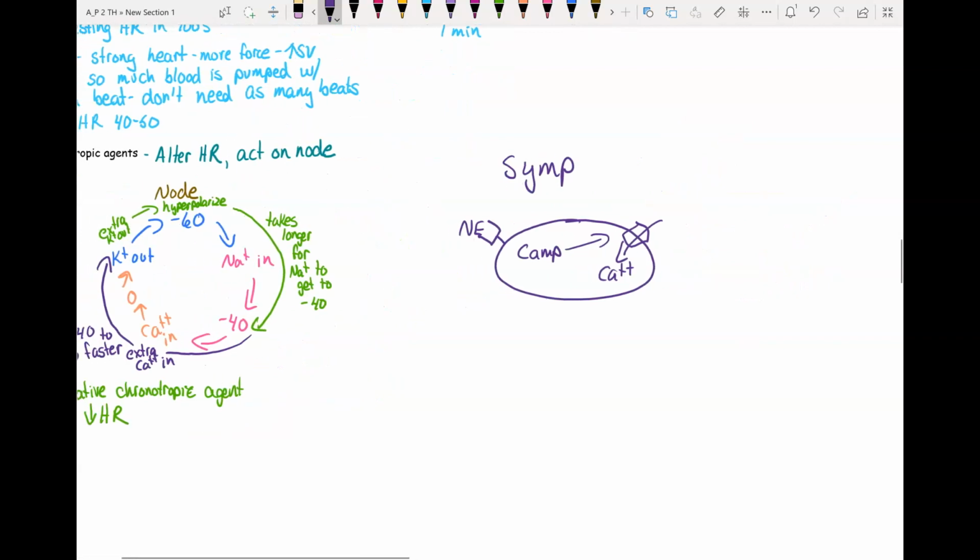So with sympathetic, norepinephrine binds the beta receptor. You activate cAMP.